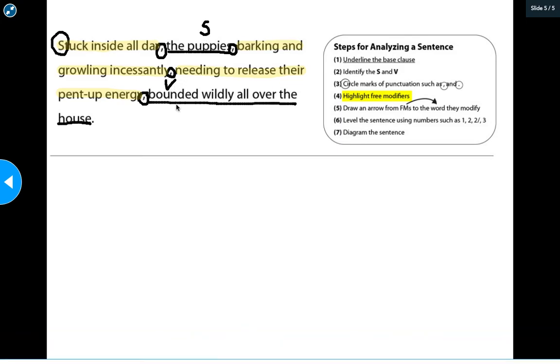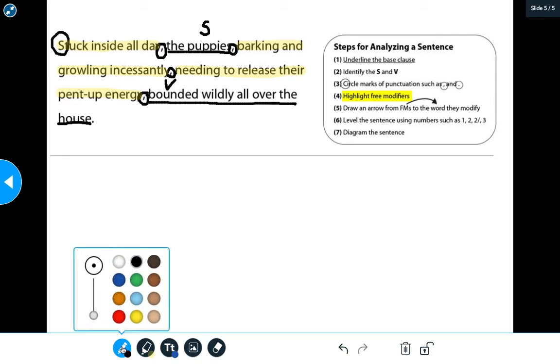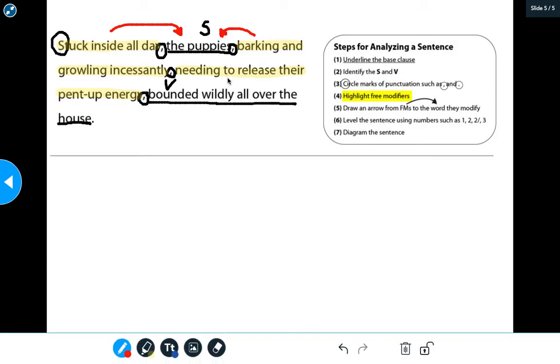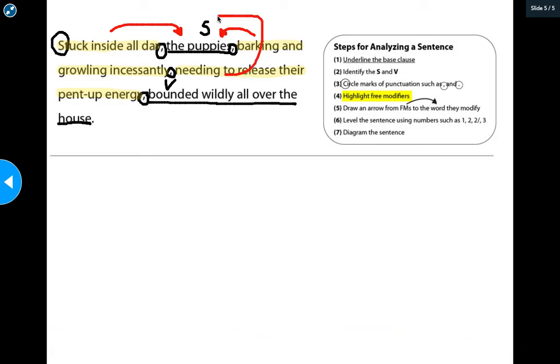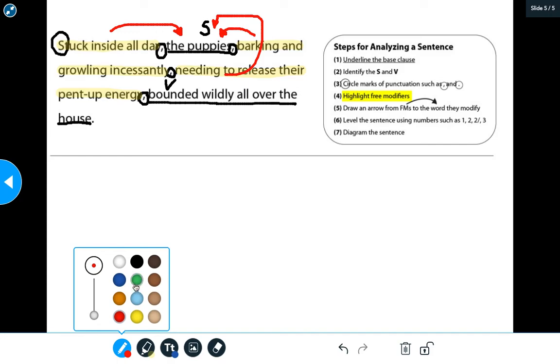They bounded wildly all over the house. It could be true that the puppies bounded wildly all over the house. Who's stuck inside all day? The puppies. Who's barking and growling incessantly? The puppies. Who's needing to release their pent-up energy? Look at the common theme. Level 2 free modifiers going back to modify the base clause.